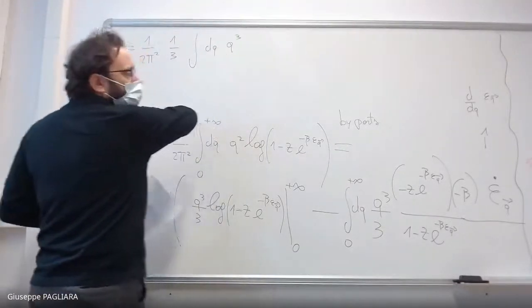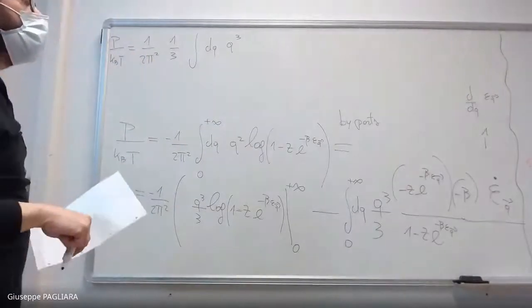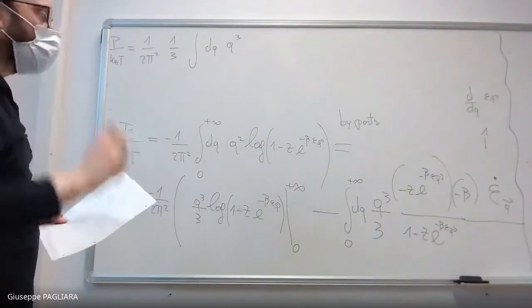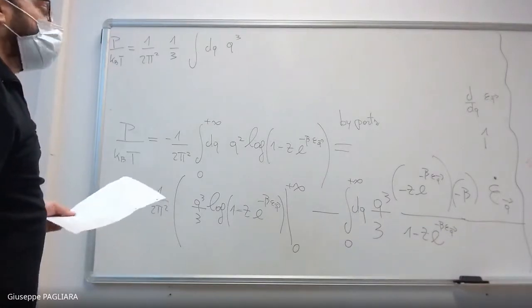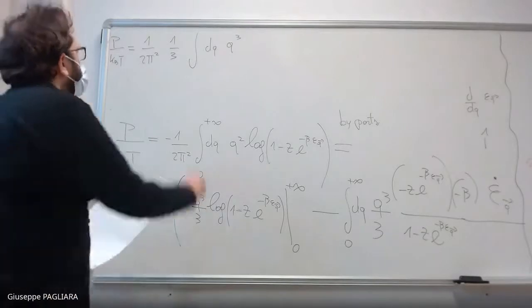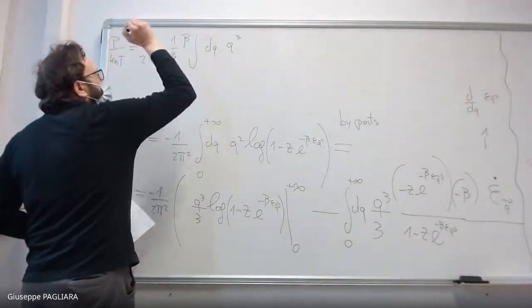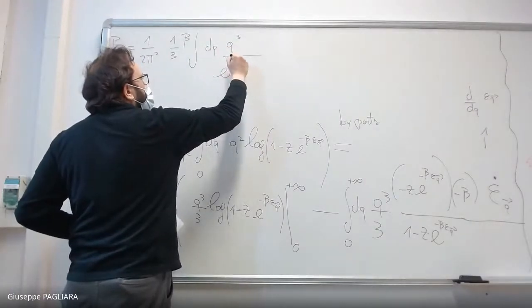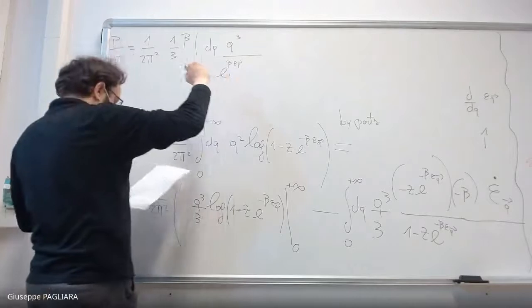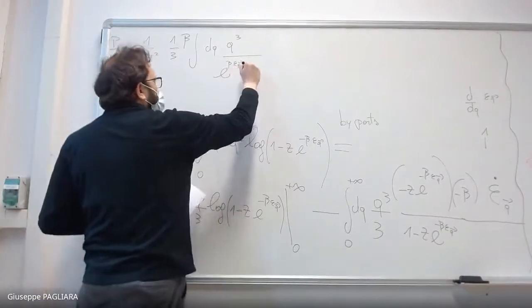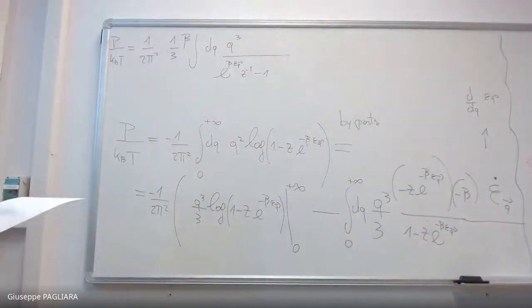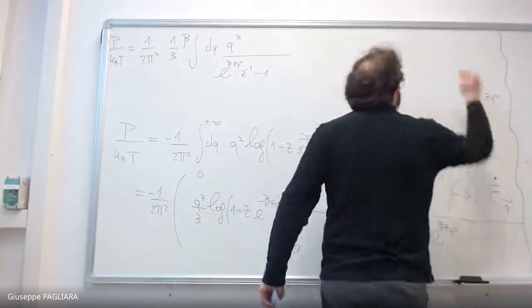Then let me multiply by e to the beta epsilon q and divide by z as usual. And then I have an additional beta that I can also put outside. Here we have e to the beta epsilon q times z to the minus 1, minus 1. And what is left should be just the derivative of epsilon q with respect to q.